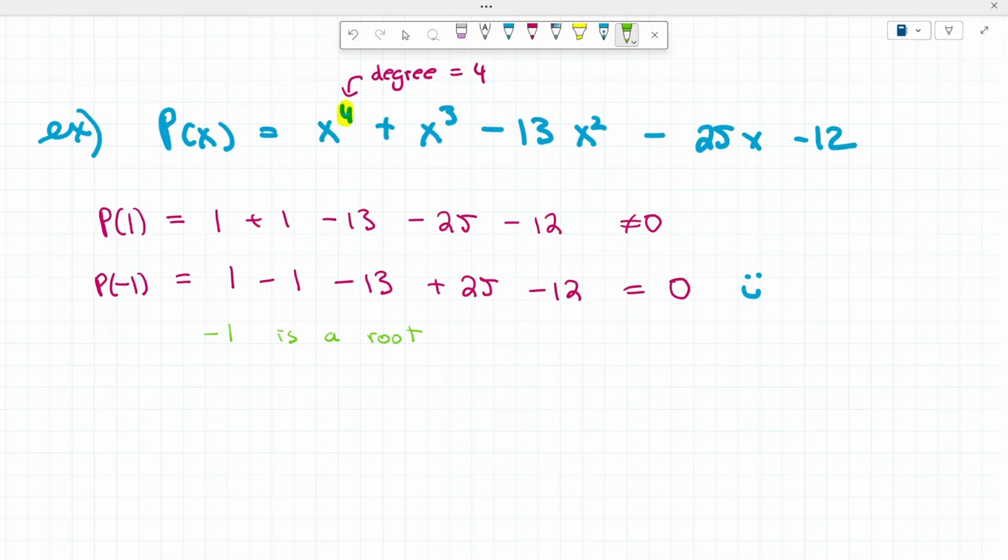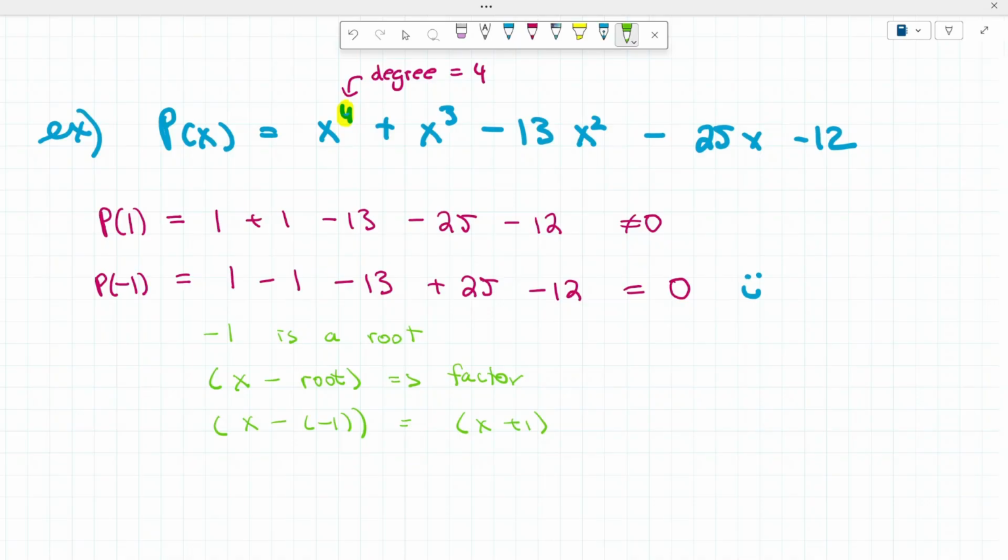And if negative 1 is a root, we know that x minus the root is our factor. So in this case, we have x minus negative 1, which is equal to x plus 1. So x plus 1 is our factor. That means we can divide our polynomial p of x by x plus 1, and we will get 0.